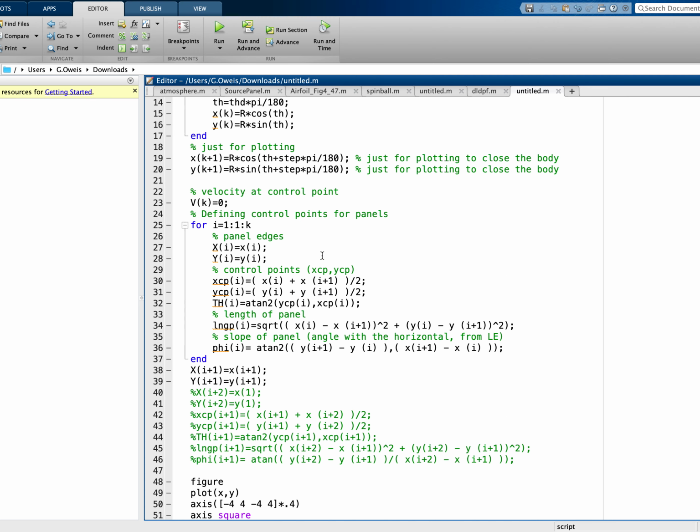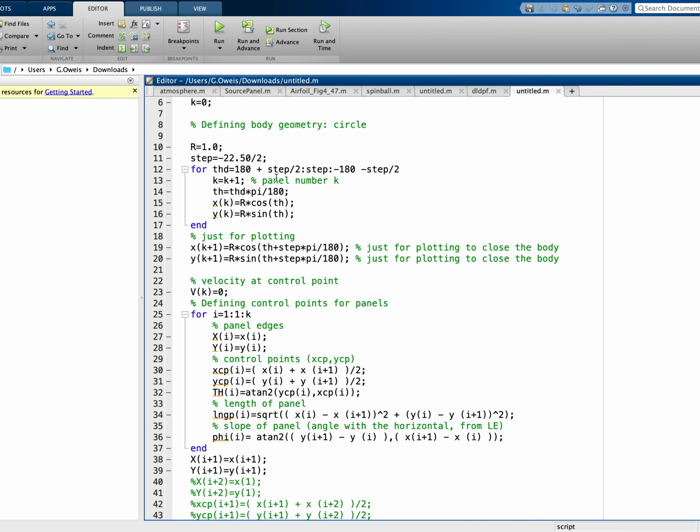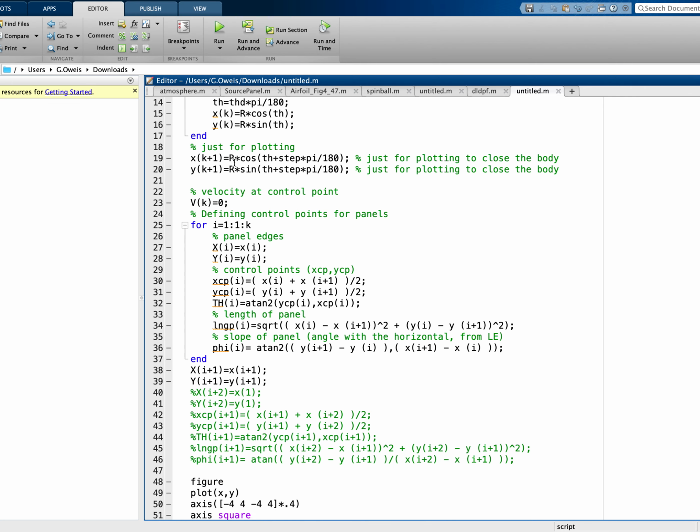So I've broken now my object into n number of panels, and here I'm doing the steps of 22.5 or so, so maybe I'm doing 8 or 16 panels. So you have 360 as a circle.